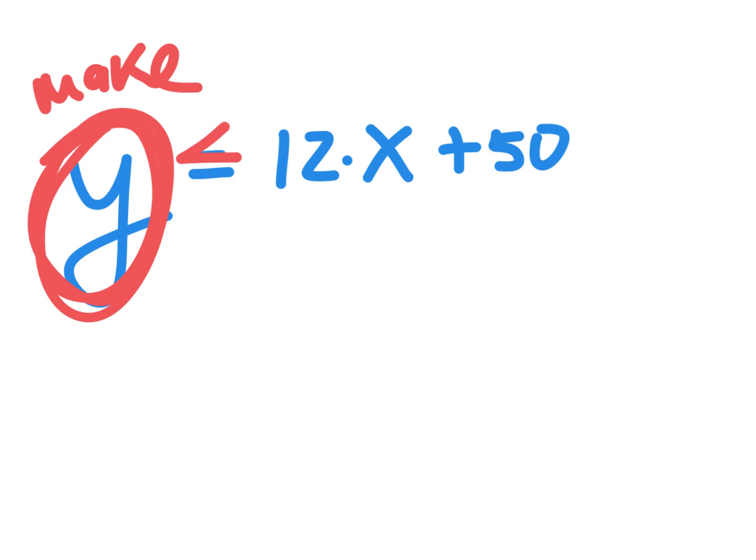Why? Because Mr. Johnson or whoever you're working for is kind of cheap on the hours, and he rounds the not nice way, and you work 12.2 hours. He's not going to give you that. He's just going to give you for 12 hours. So he's kind of a cheap jerk. So you're going to get less than this. But you'll always get your $50. All right, see how I made it less than? And this was the hours.